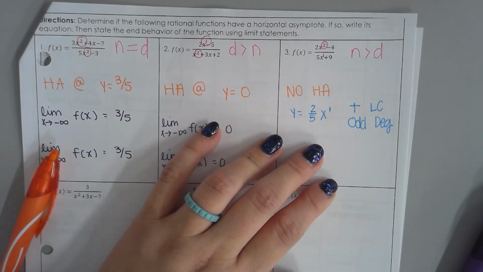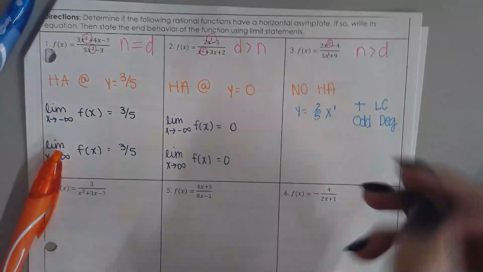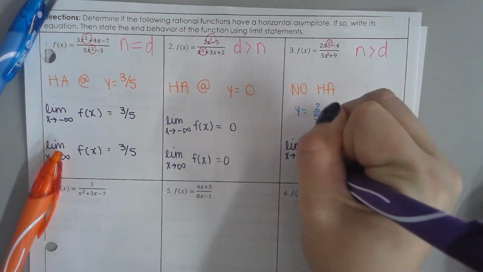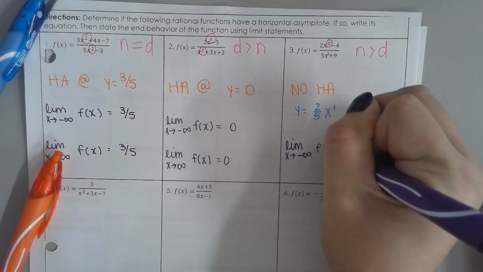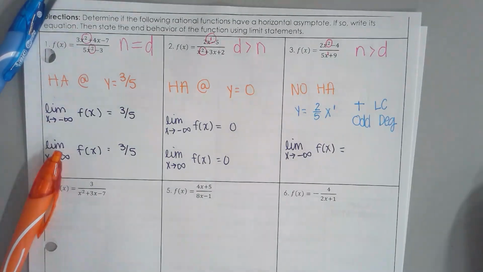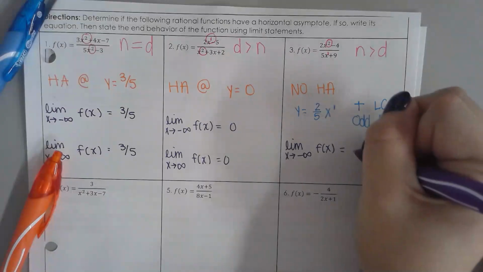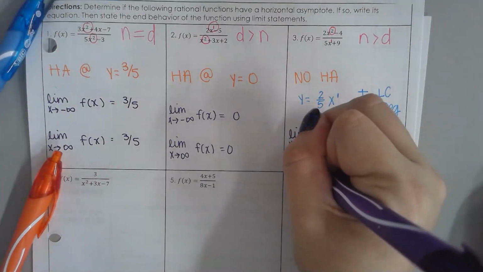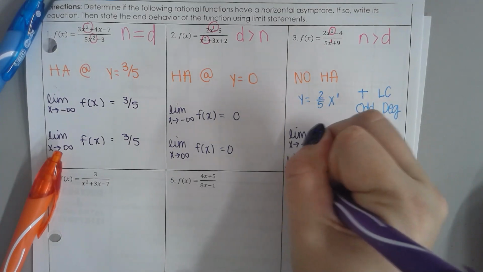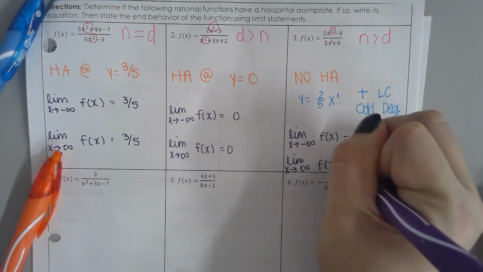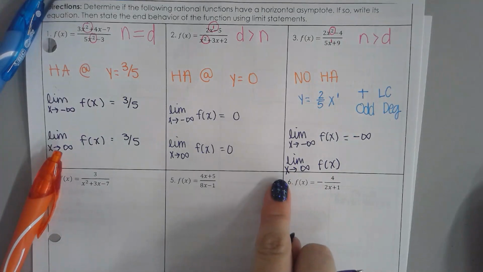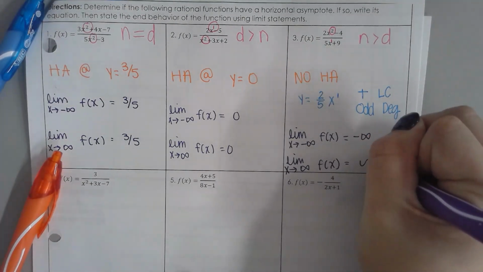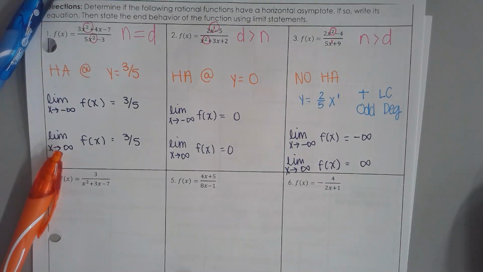Those are the rules we learned. So the limit as x approaches negative infinity, on the left it points down, which is negative infinity. And on the right, so this is just how I say what's happening on the right, it points up, so positive infinity.